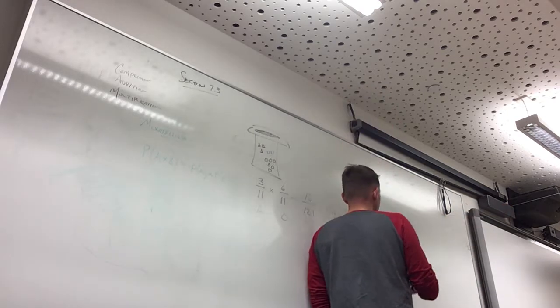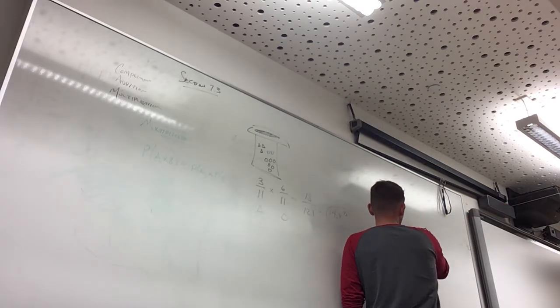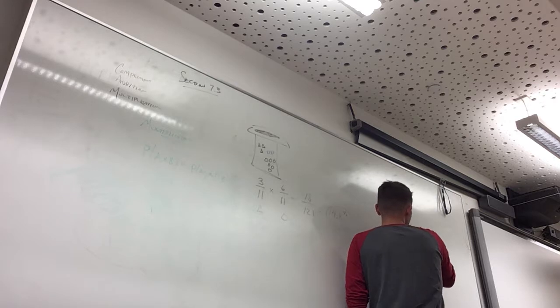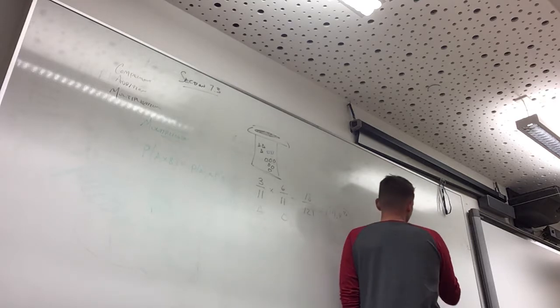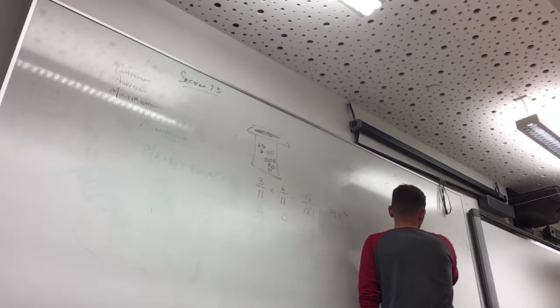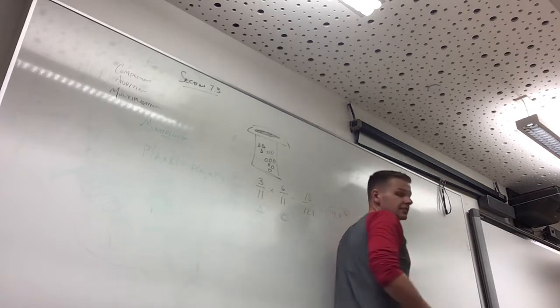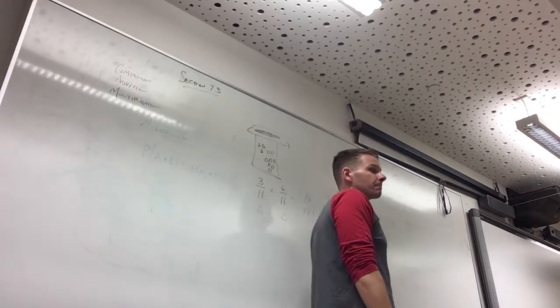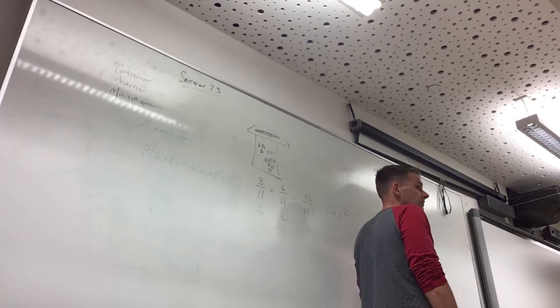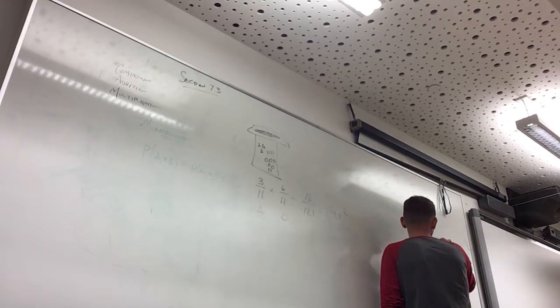Alright, we multiply them together, we get 20 over 90, which is equal to 2 over 9, which is equal to 22%.